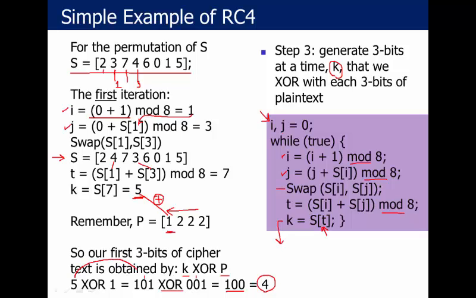Number 5 is rewritten in binary 1, 0, 1. Number 1 is rewritten in binary 0, 0, 1, and they are going to do exclusive OR. Correct. So having this 5, you can encrypt the text 1, which gives 4. This is a cipher.